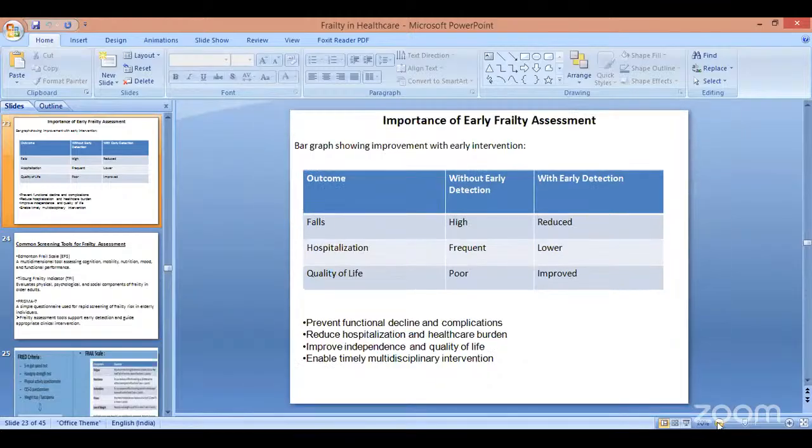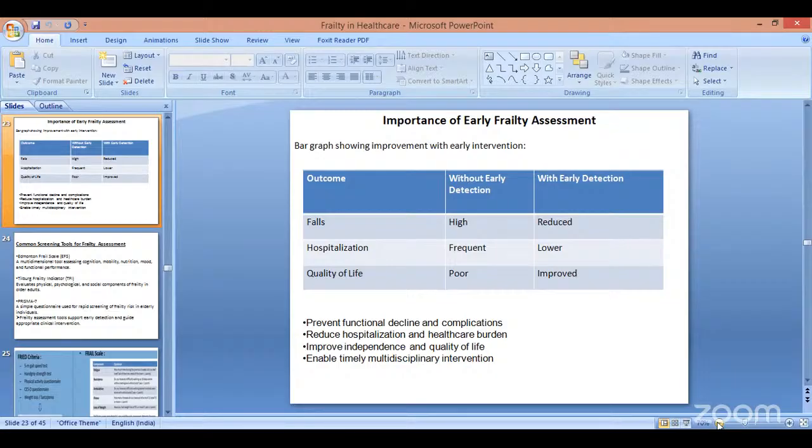Importance of an early frailty assessment. So this is the bar graph that shows the improvement with early intervention. The outcome is patients having falls: without early detection, they have a very high risk of falls, but with early detection, fall incidence is reduced.